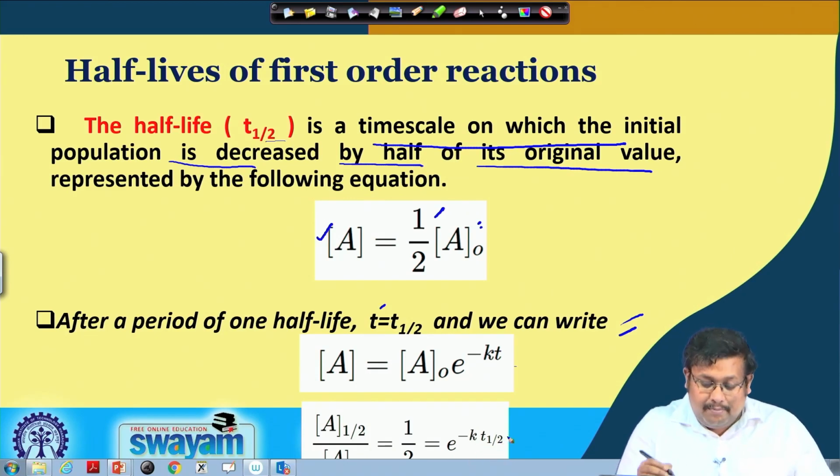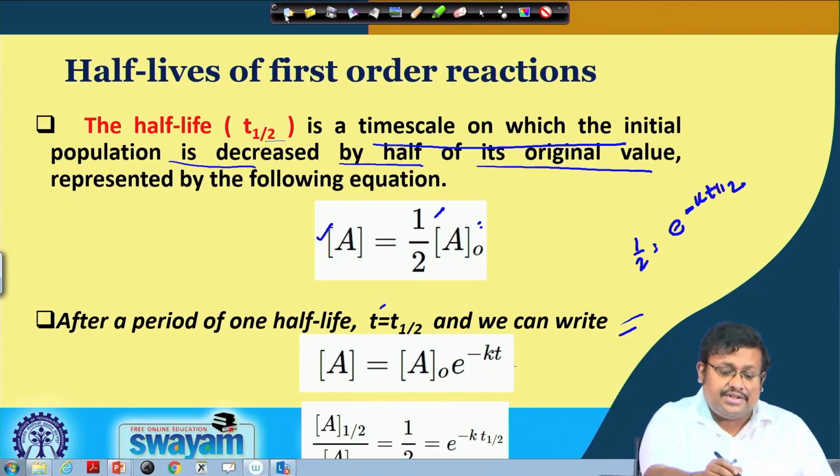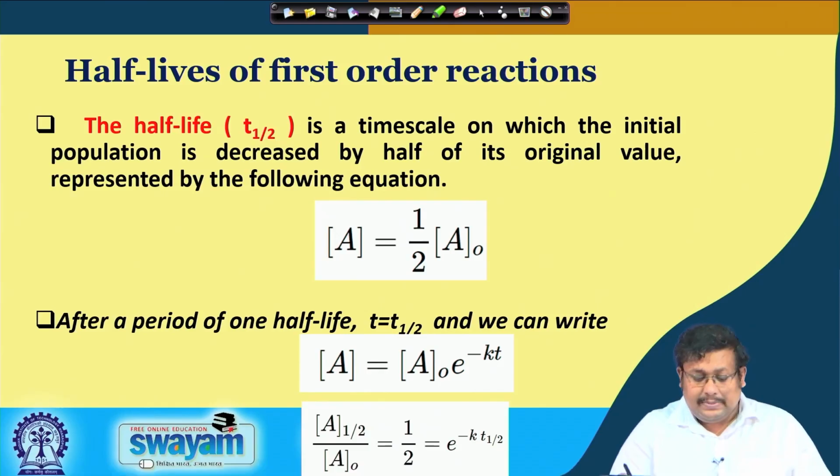So, we can represent this equation shortly as half equal to e to the power minus k T half. So, this is how this half life period for a first order reaction can be expressed.